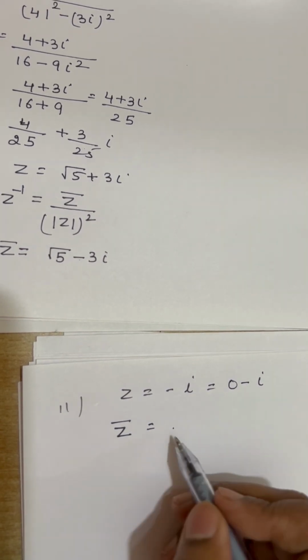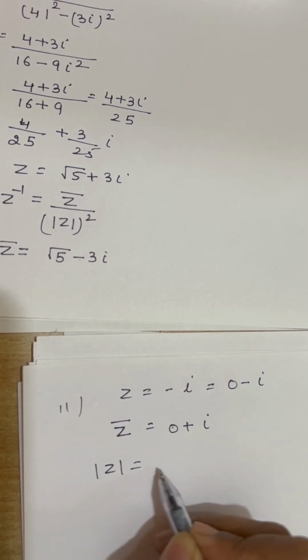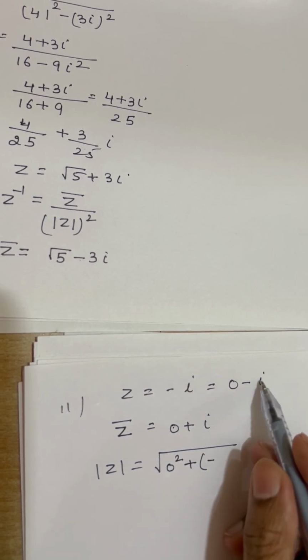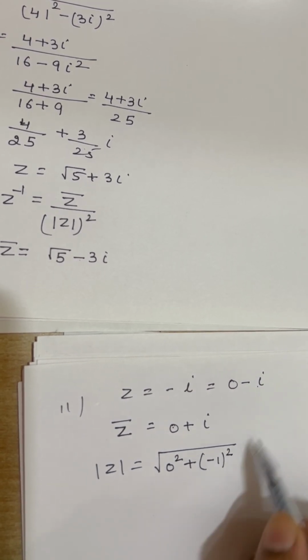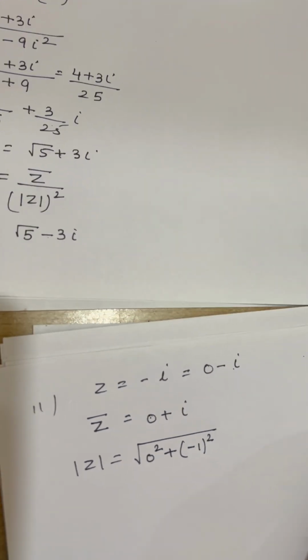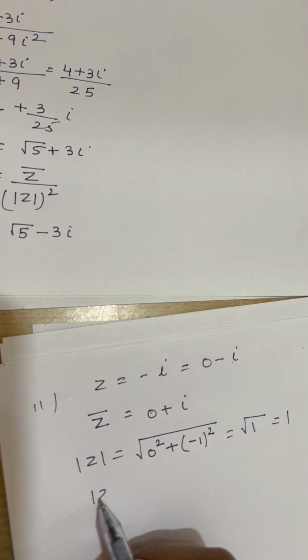So its conjugate will be 0 plus iota. Its modulus will be under root 0 square plus, what is b here, minus 1. We have to take the coefficient of iota, that is minus 1. So this becomes root 1, that means 1. So modulus is 1.